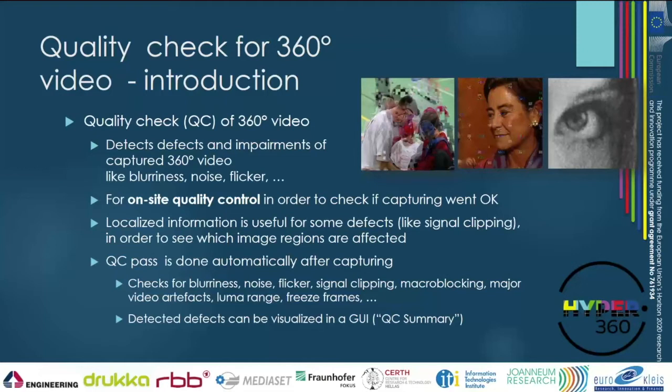And it checks for defects like blurriness or noise, flicker, signal clipping, blocking artifacts, major video artifacts, luma range and freeze frames, and some more. And the defects can be visualized very nicely in a GUI in our QC summary.